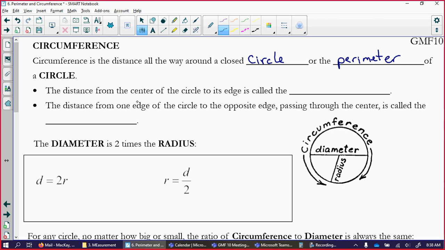The distance from the center to an edge is the radius. And the fun thing about a circle is, as long as the center is actually the center, regardless of whether you go down, up, left, right, or anything like that, the radii are all the same.